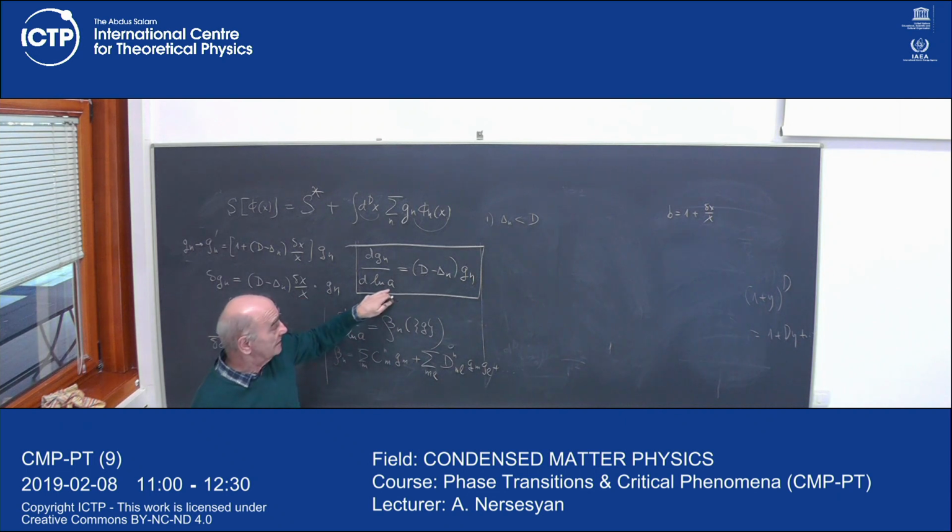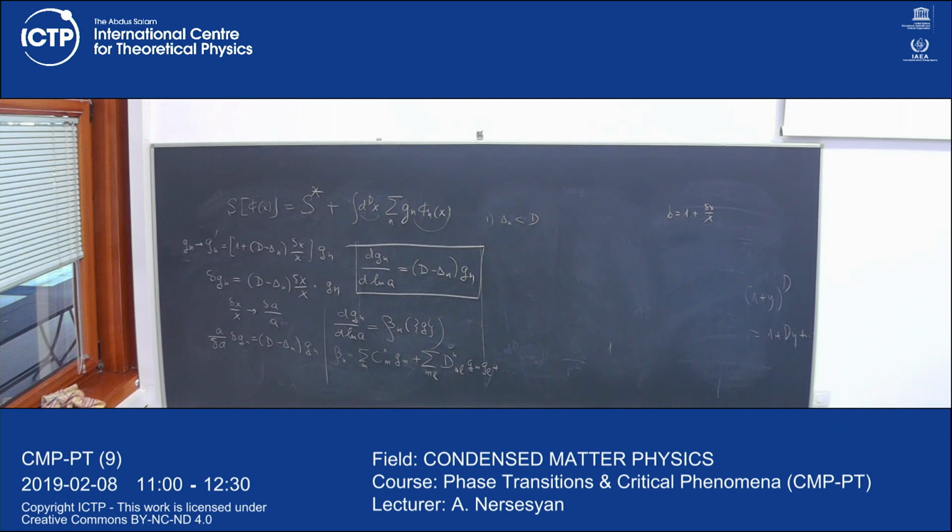So therefore, if I start increasing the scale of the system, G_n increases. And it will increase all the way. The more RG transformations, the more will be the increase.